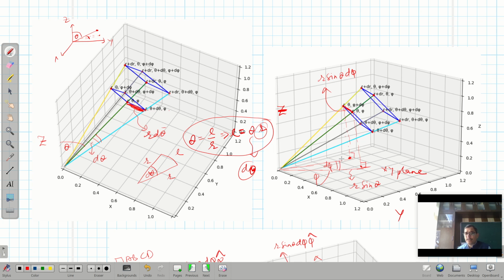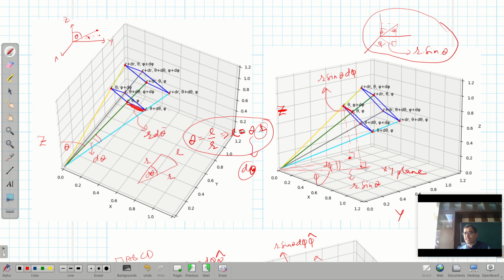As we know from earlier, this particular distance is r sine theta, as we have talked about in the earlier lectures. If I draw a perpendicular over this, and this angle is phi, and say this angle is theta, then this distance is r sine theta. I talked about it in earlier lectures so many times, so I use that concept here.